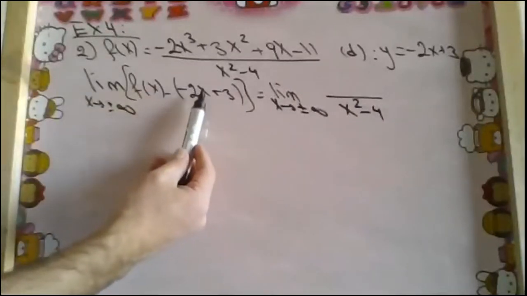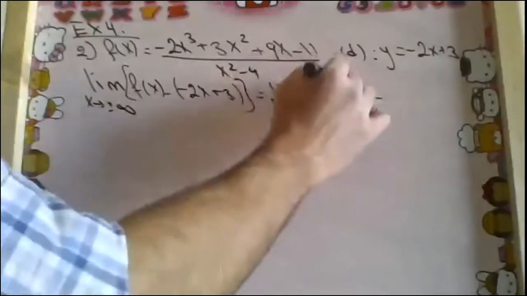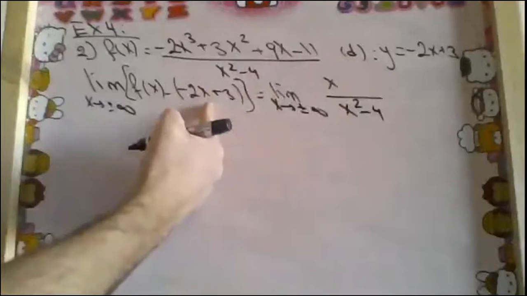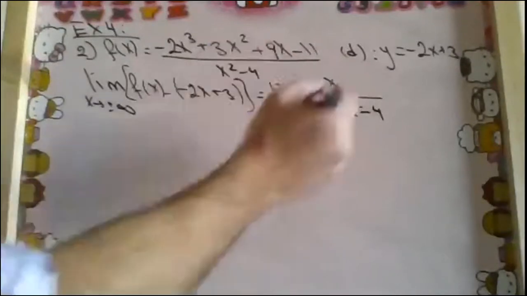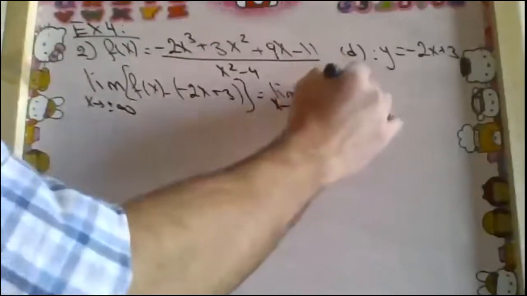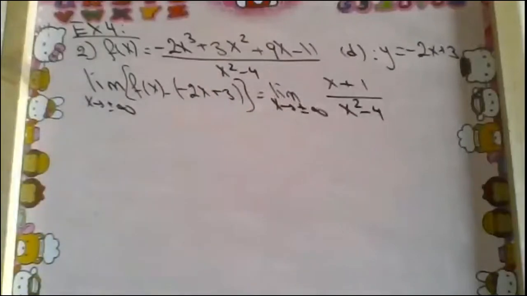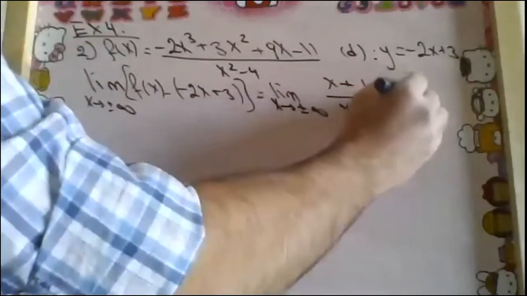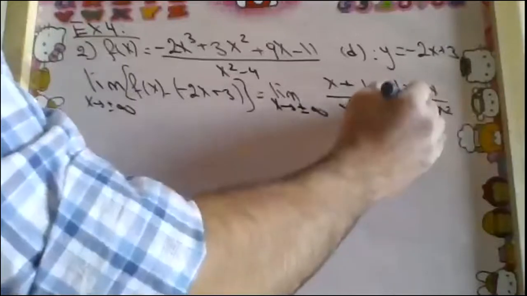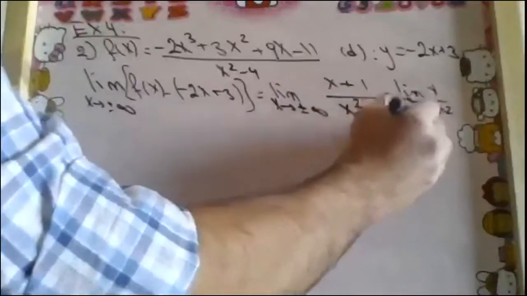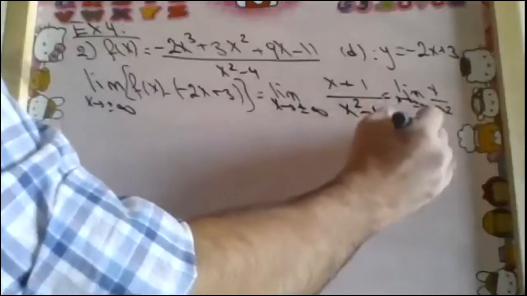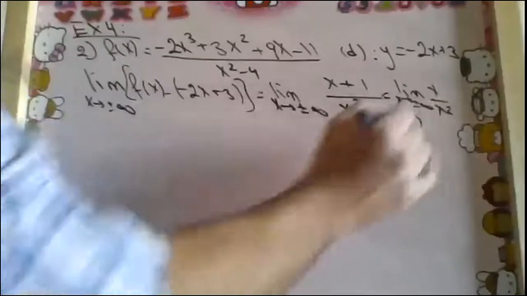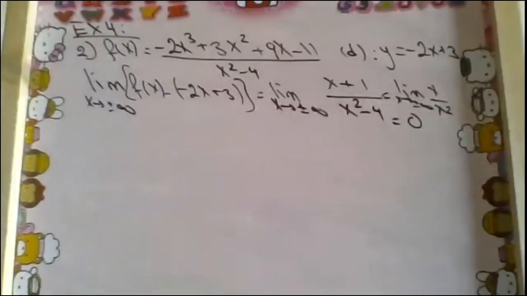And the answer was the limit of x over x squared as x approaches positive or negative infinity, which is 1 over x, 1 over infinity, equal to 0.